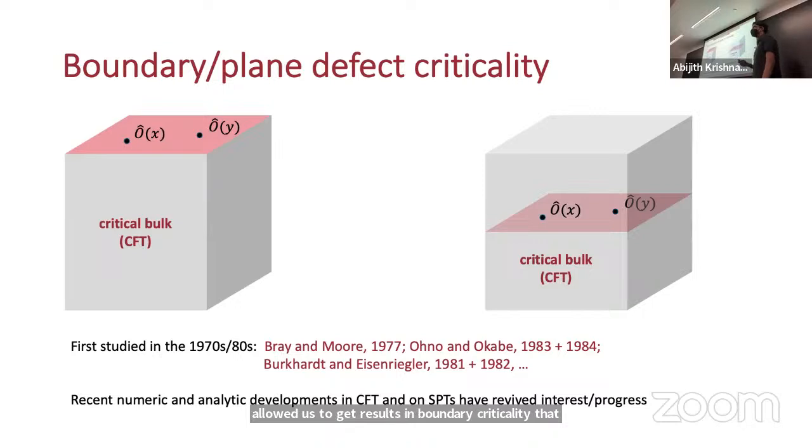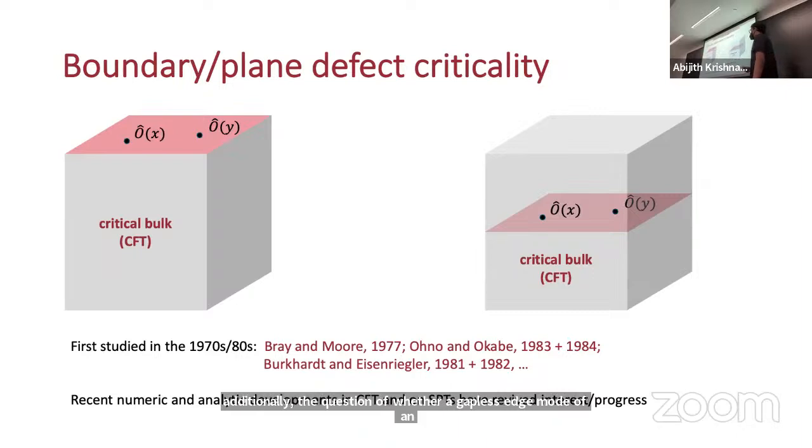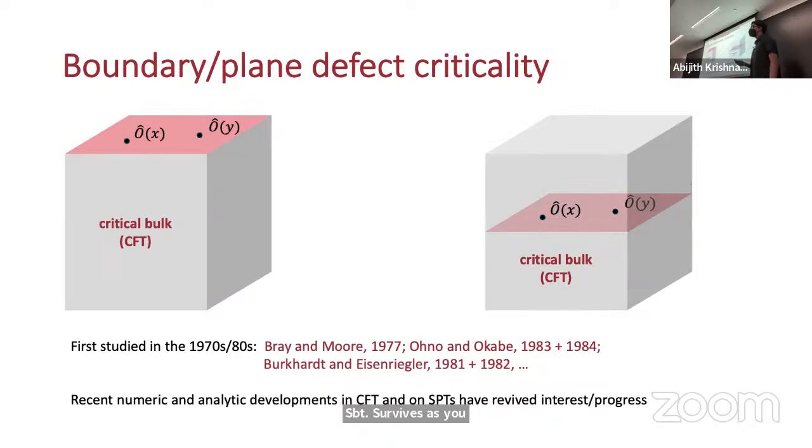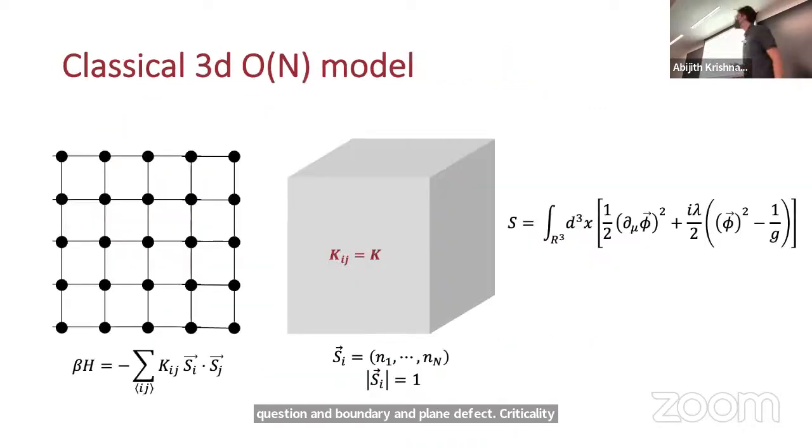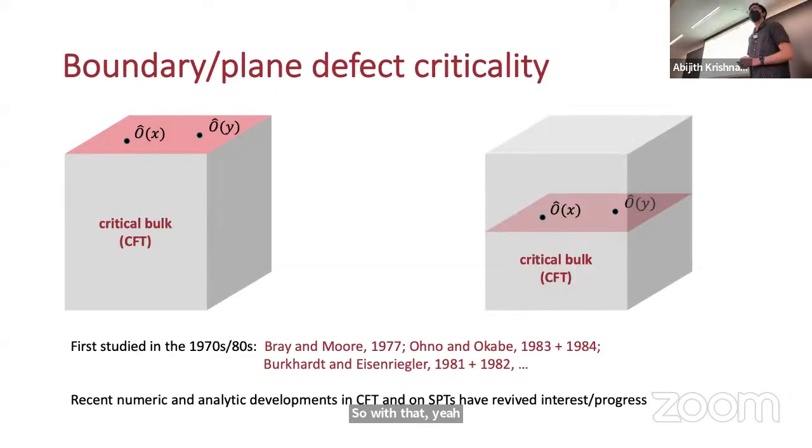And I'll briefly mention those later in the talk. Additionally, the question of whether a gapless edge mode of an SPT survives as you tune the SPT to criticality is a question in boundary and plane defect criticality.